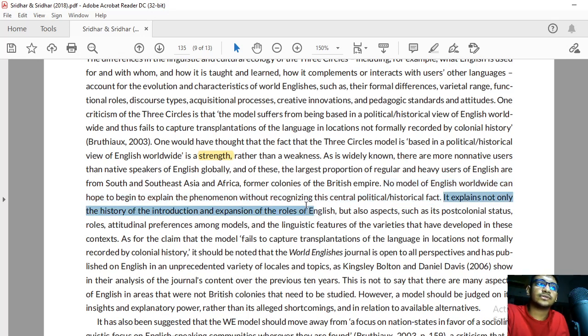It explains not only the history of the introduction and expansion of the roles of English, but also aspects such as its post-colonial status, roles, attitudinal preferences among models, and the linguistic features of the varieties that have developed in these contexts. So the colonial past is important not only at a surface level, but because of the dialect that was used in the colonies.